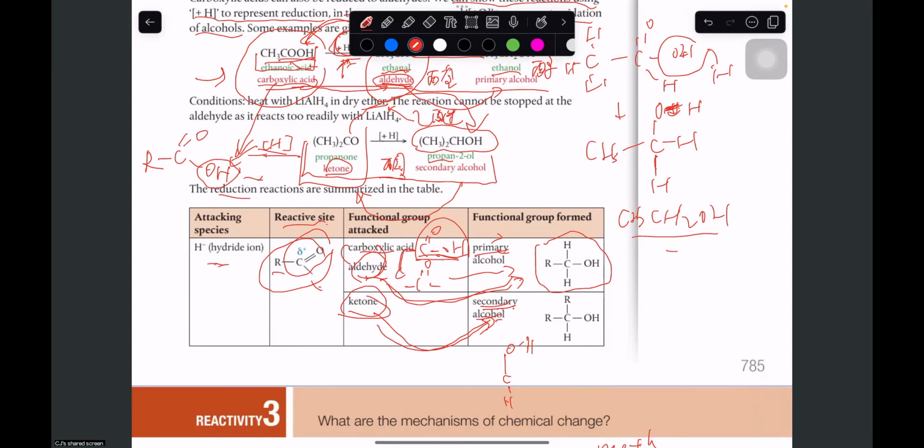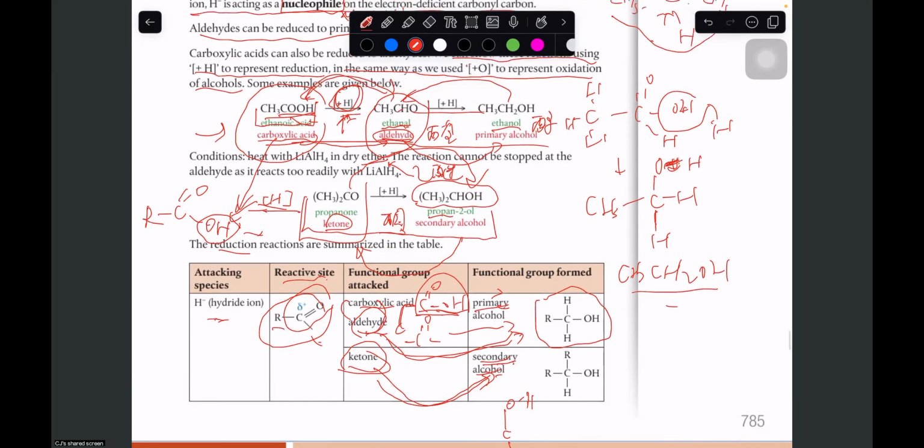So by means of this one, we will get water and we will lose one oxygen. So this part will connect with another H. By means of this, we can get the aldehyde, right?